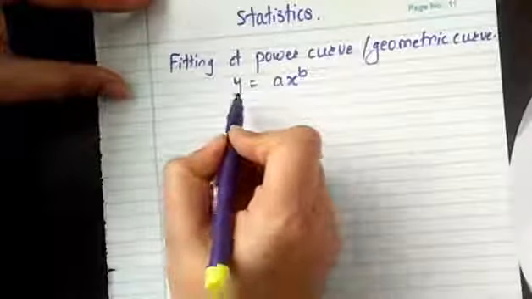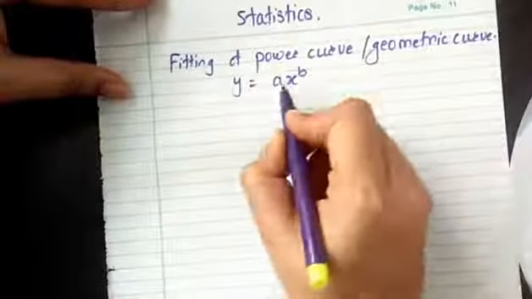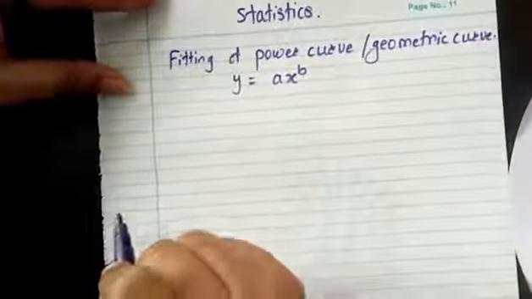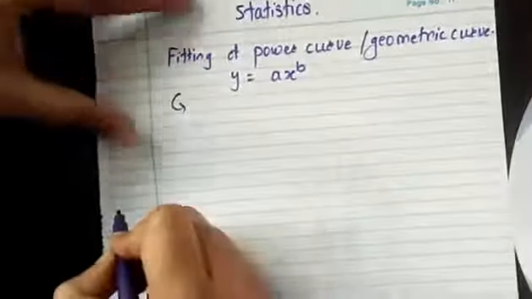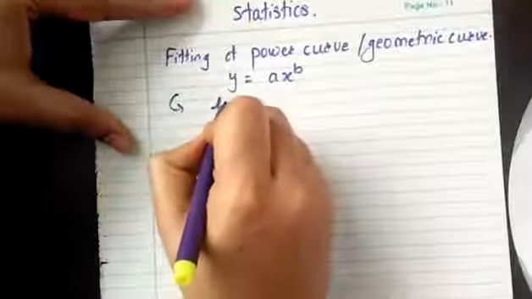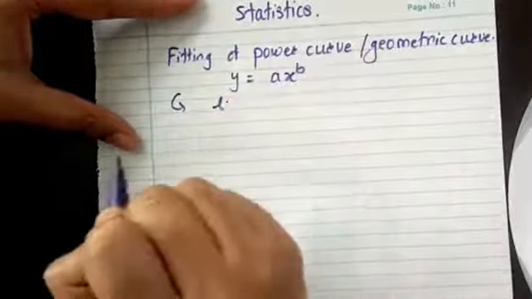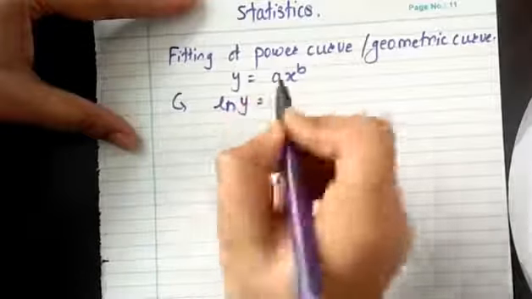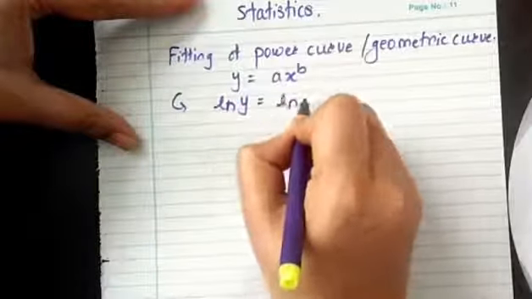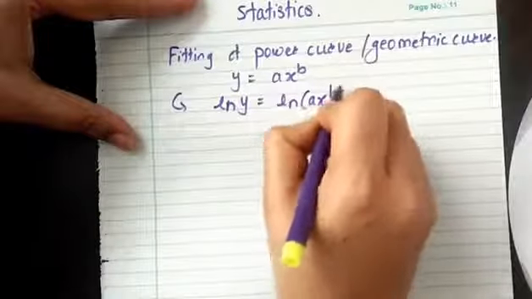In the last lecture we have seen the equation y is equal to a into b raised to x, where we have taken log of that on both sides. So we'll again take log, but now in this case we'll take natural log on both sides. Why natural log?